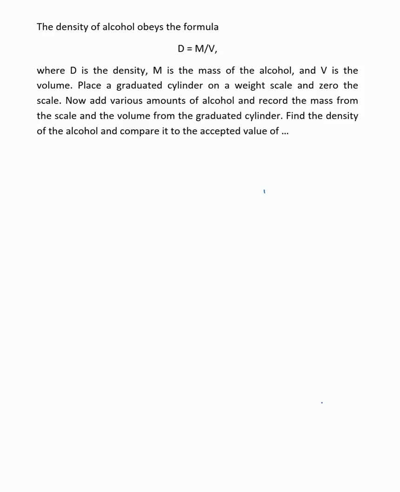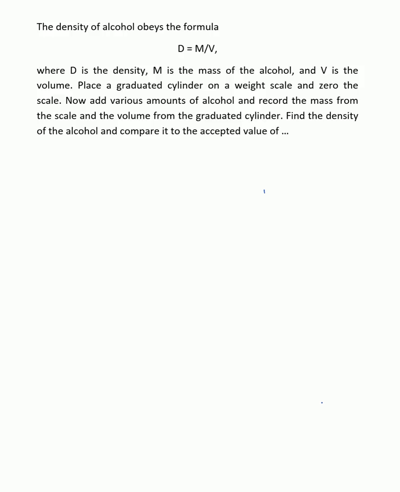Okay, another example. It says the density of alcohol obeys the formula d equals m over V, where d is the density, m is the mass of the alcohol, and V is the volume. Place a graduated cylinder on a weigh scale and zero the scale. Okay, so anything you add now will just be the weight of the added material.